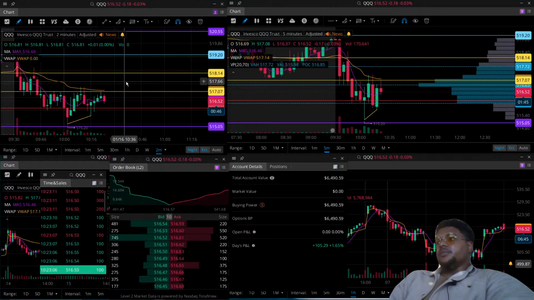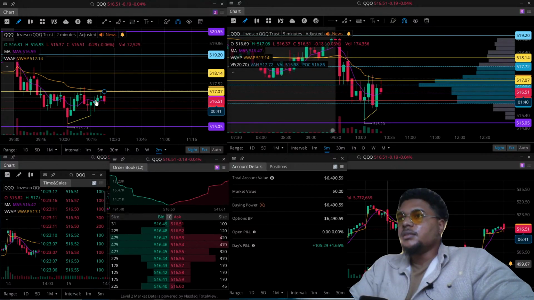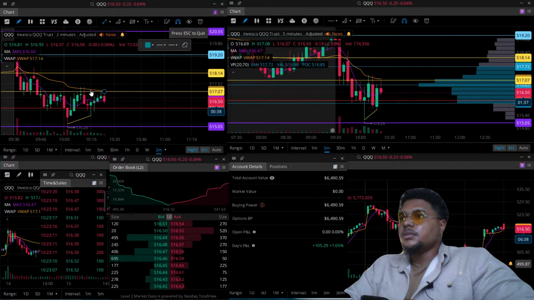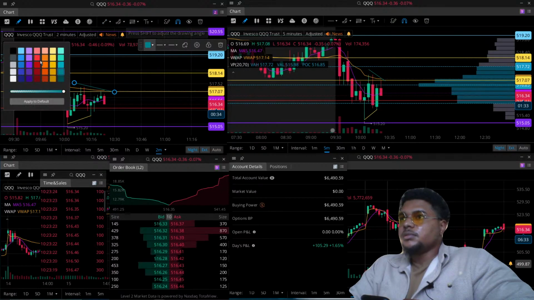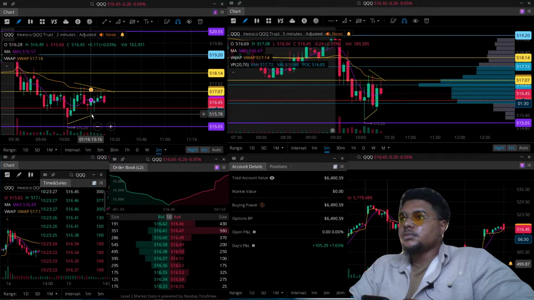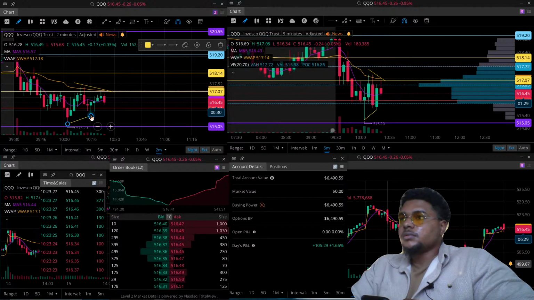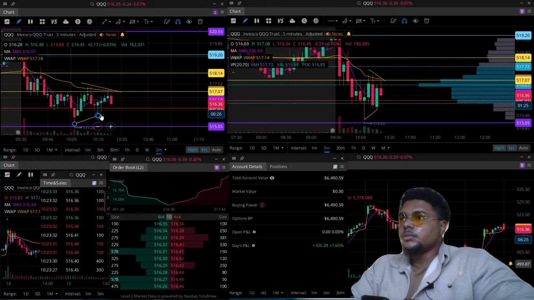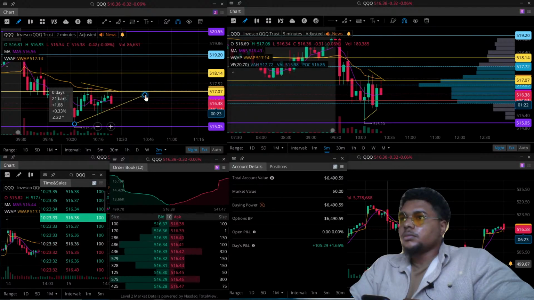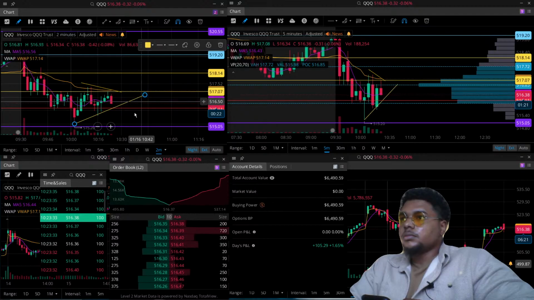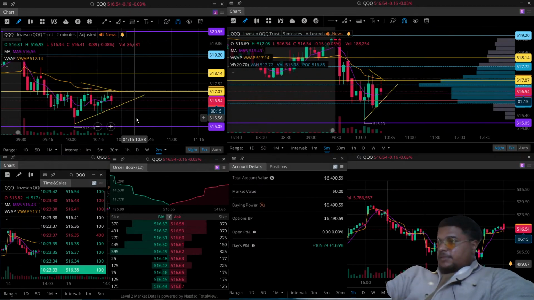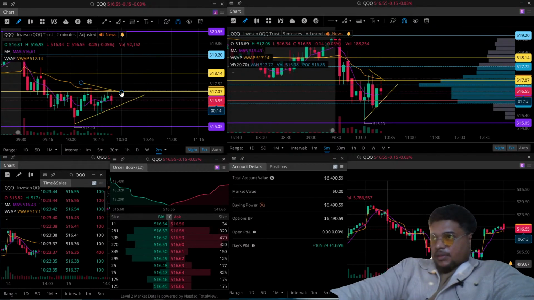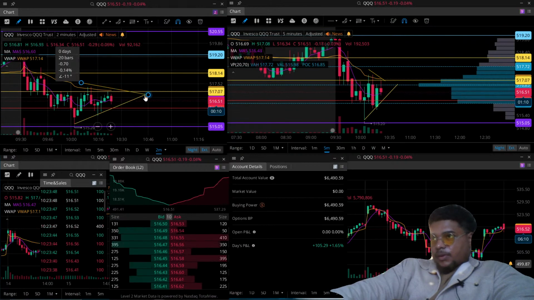But the way it was moving is moving into, you know, a wedge almost. So some indecision, we're gonna stay out of that until the breakout of that wedge.